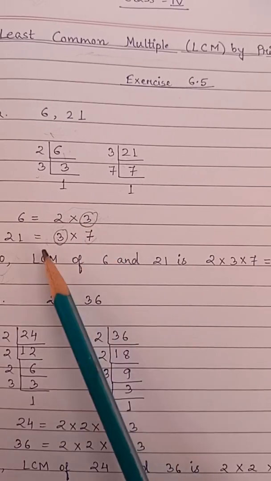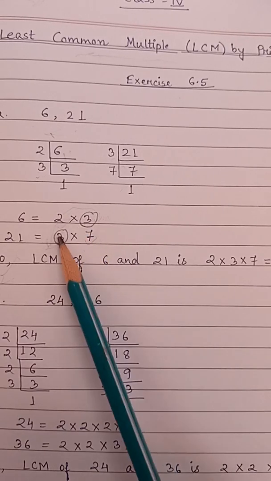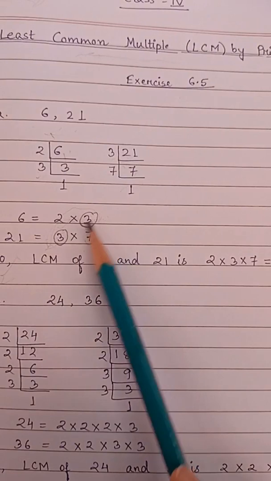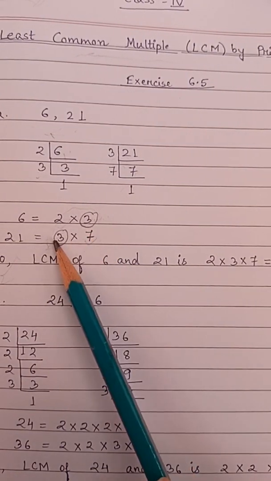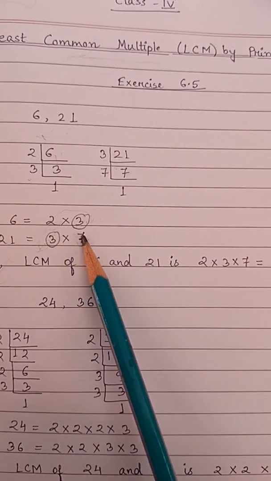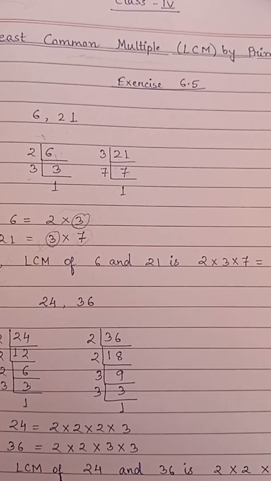Since 3 is common, for these two you have to take only one 3, that means 2 into 3. Last is 7. 7 is not common, but as I have already told you, you must take this 7 also.